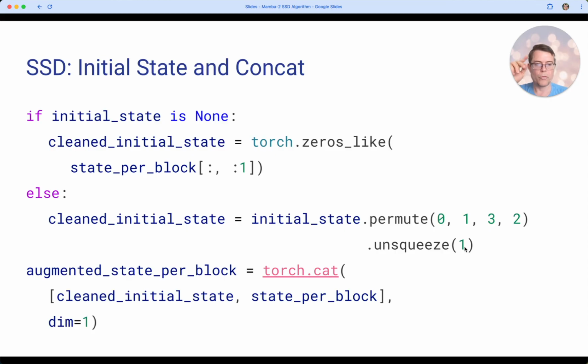So basically we'll have a dimension along the block. In the block dimension, this will be 1 long. And so we get the state in the right shape to interact with the rest of the state. So then when we augment it, this torch cat basically says, take this state and this state, turn it into one new tensor, and we're concatenating along the first dimension, the block dimension.